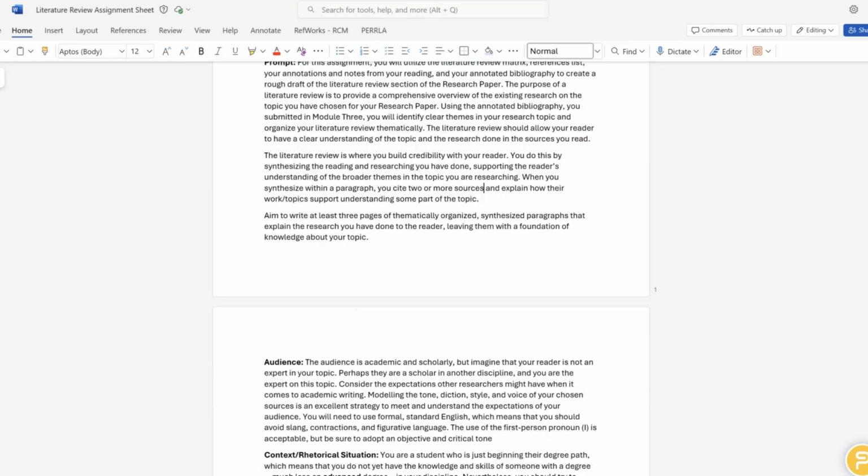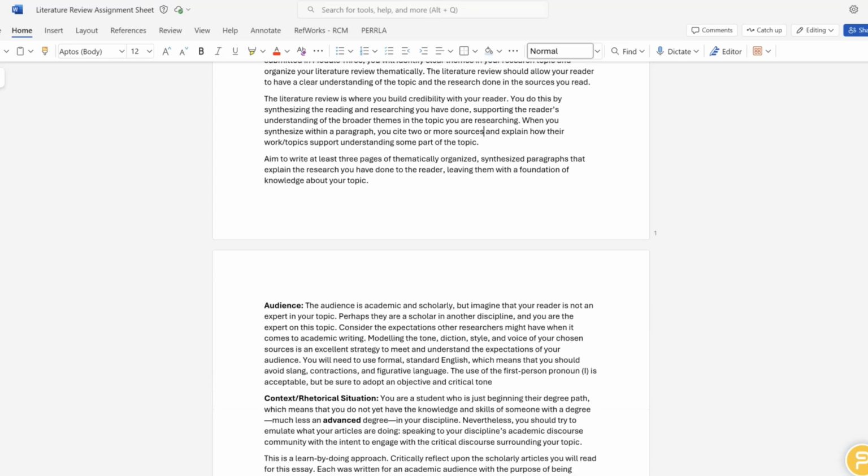The goal of a literature review, or your goal, should be to hit about 3 pages. You want them to be thematically organized, so it is okay here to use subheadings as allowed by APA formatting. Maybe you identified, say, 3 major themes that researchers are looking at about this topic.